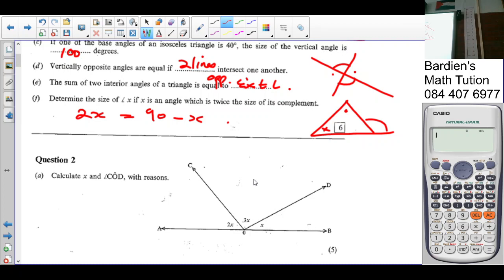You must solve for x, if x is an angle which is twice the size of the complement. Okay? So we multiply x by 2. So we take it over, becomes 3x is equal to 90. x is then equal to 30.